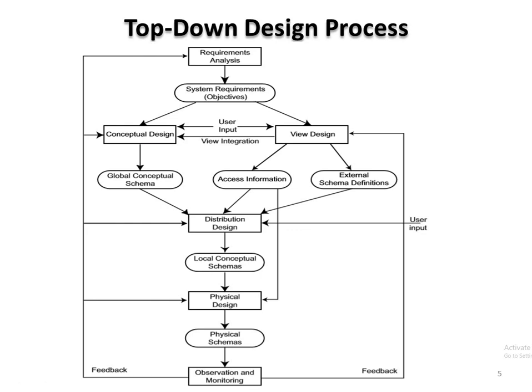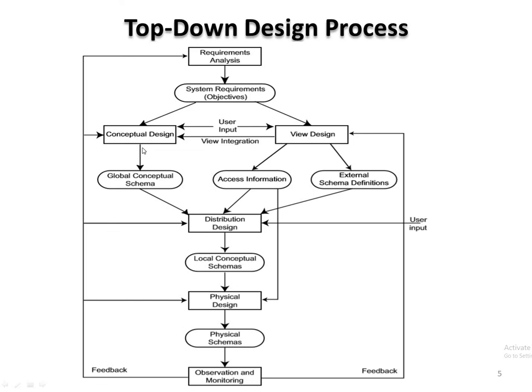There is a relationship between conceptual design and view design. Views are integrated in the conceptual design to ensure that the entity and relationship requirements of all the user views are covered in the conceptual schema.